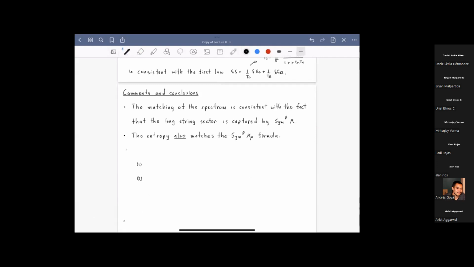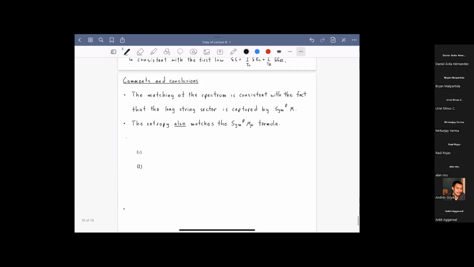However, there's a small puzzle because the entropy also matches the formula that we got from the symmetric product. And this is a bit puzzling for 2 reasons. The first reason is that, as we said in the previous lecture, the full holographic dual of string theory in AdS3 is not expected to be a symmetric orbifold. And the second puzzle is that the entropy is not expected to come from a set of continuous states, which is what the long string sector describes.